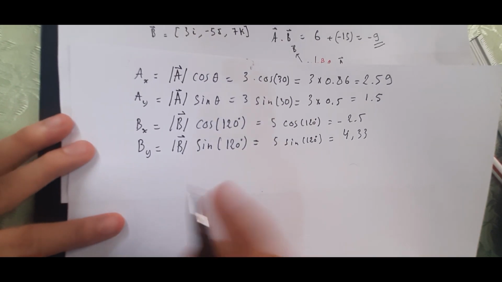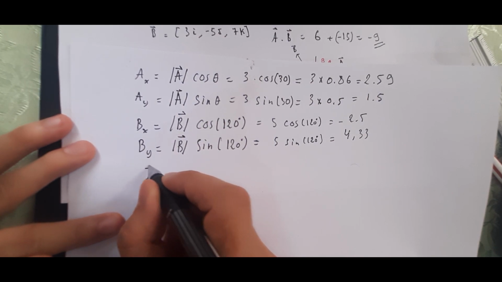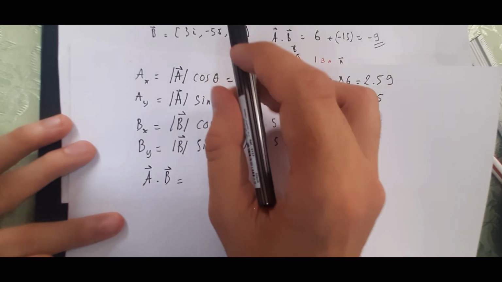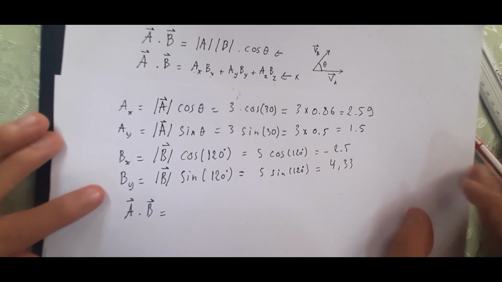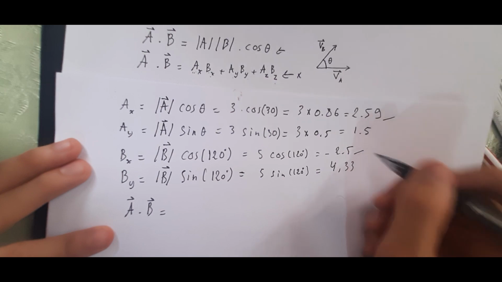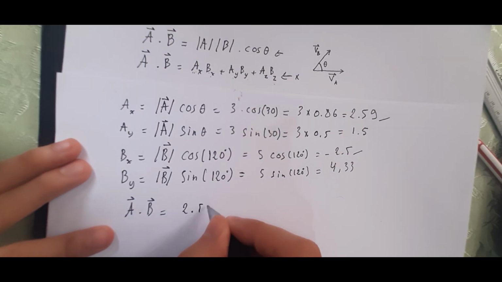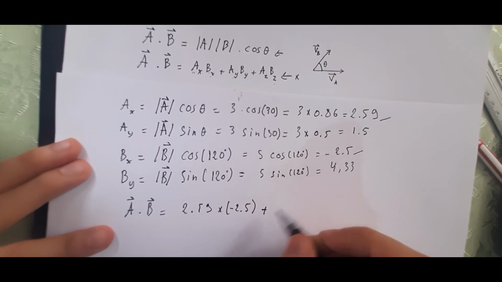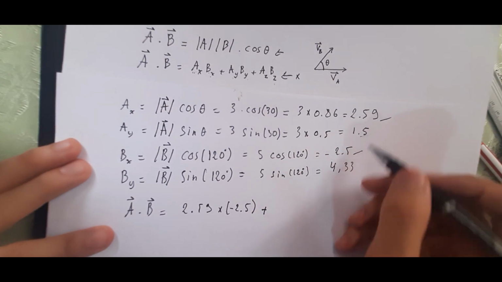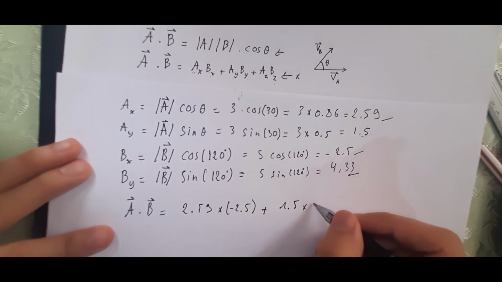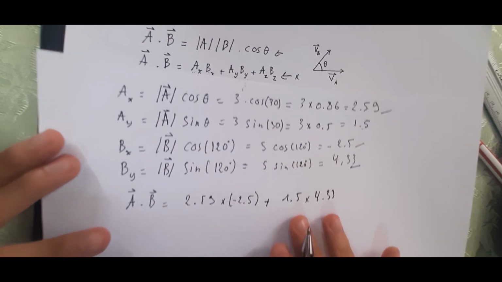Let's continue. A dot B equals AX times BX. AX is this and BX is this. So we have 2.59 times negative 2.5 plus AY, which is 1.5, times BY, which is 4.33.